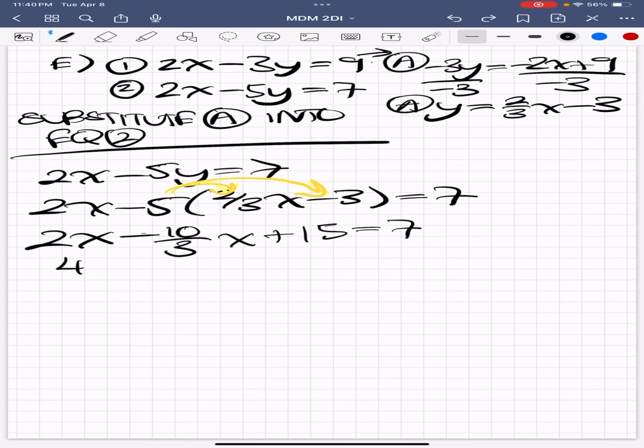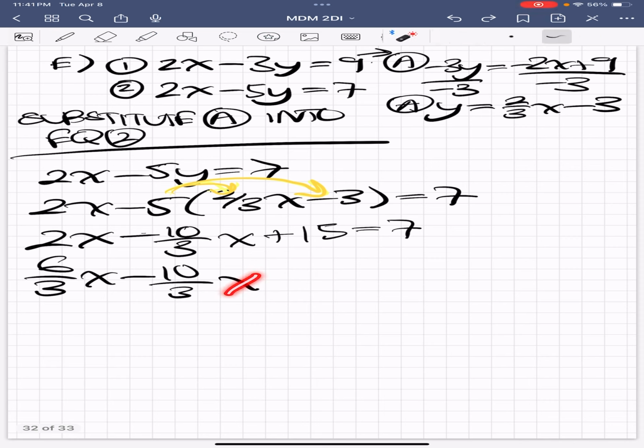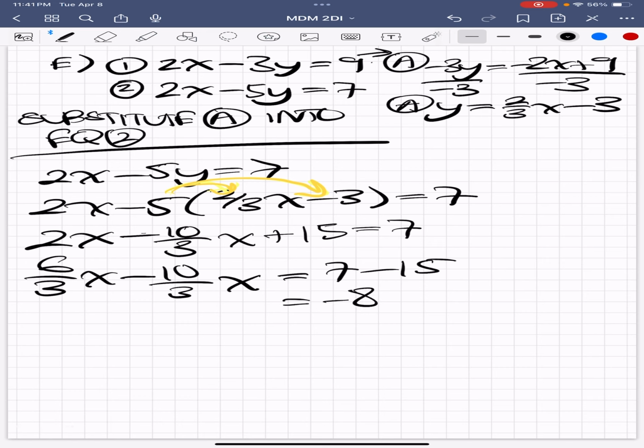Oh no, it has to be 6 over 3 because we are adding and subtracting fractions, so it has to have a common denominator. So 6 minus 10 would be -4 over 3 x.